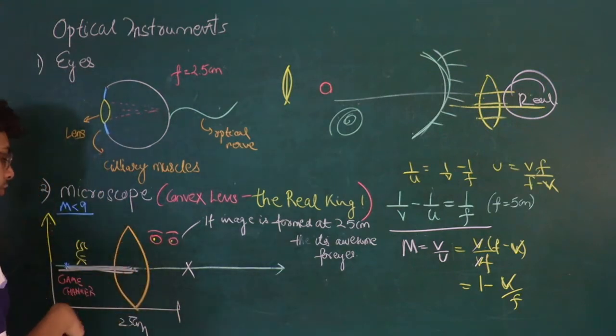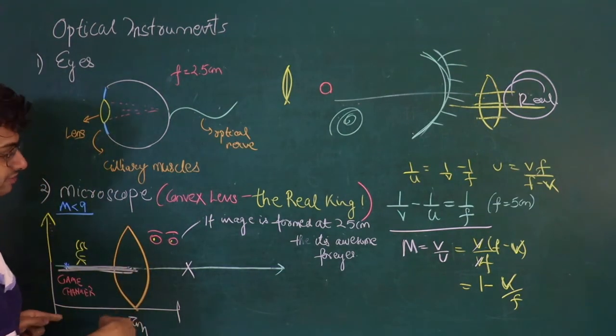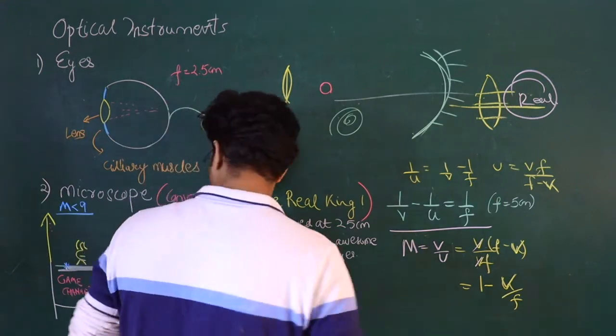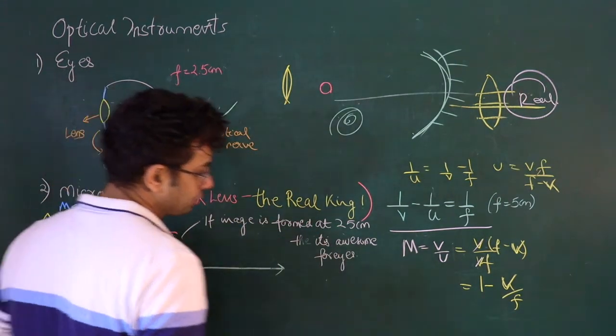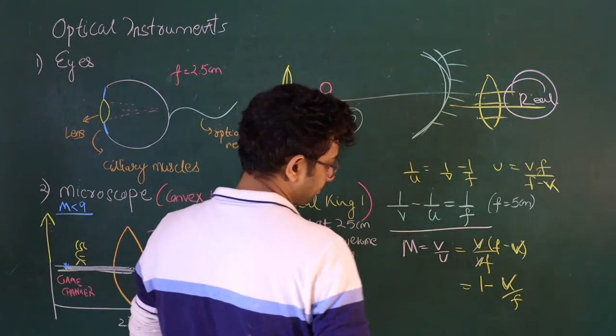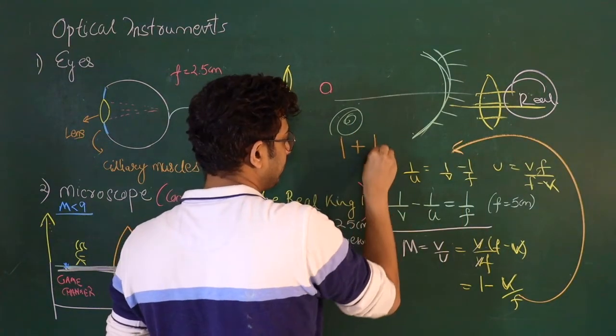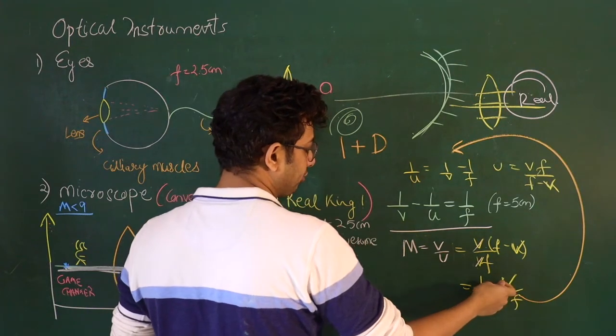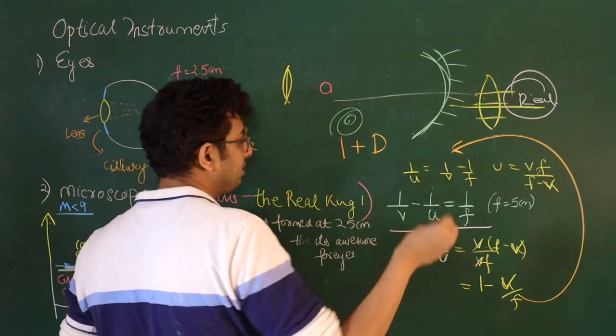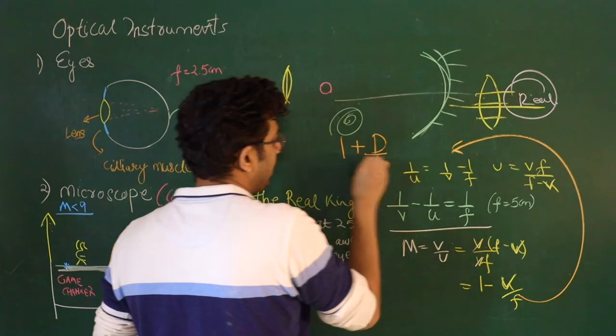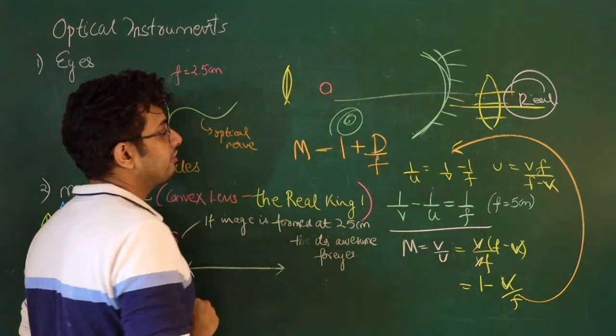So eyes are very close, so I'm considering this distance to be 25 centimeters, and since this is negative, I have to write minus 25. So this becomes 1 plus D upon F, where D is the desirable distance of 25 centimeters, and hence this is your magnification formula.